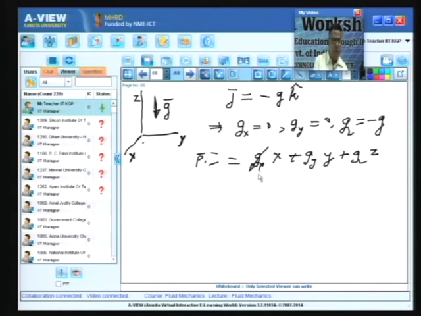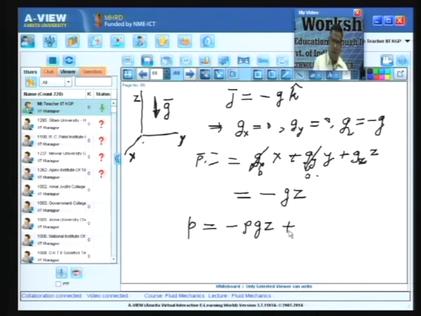Now, this term is 0, this term is 0 and g z is minus g. So, you have minus g z. Okay. So, with reference to this coordinate system, P will be minus rho g z plus a constant.